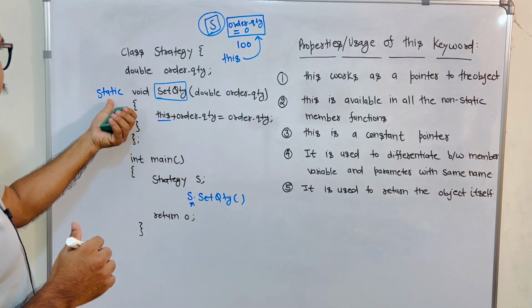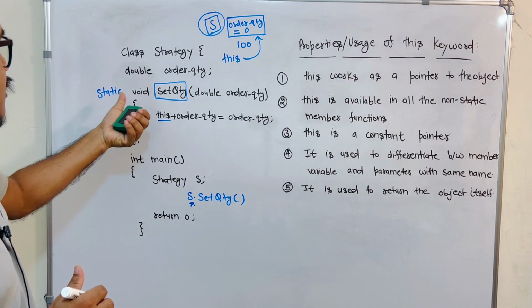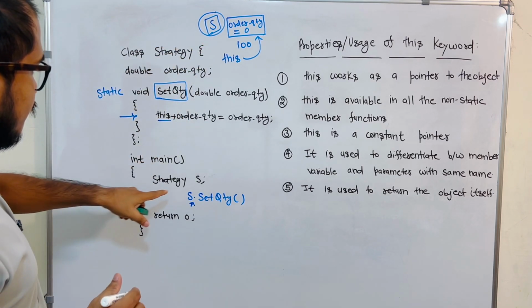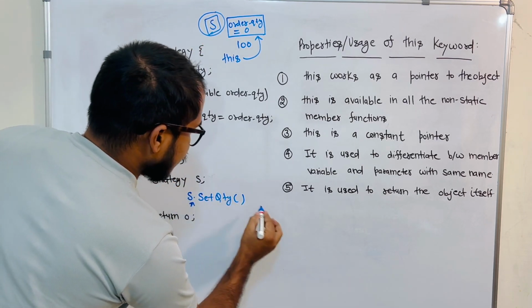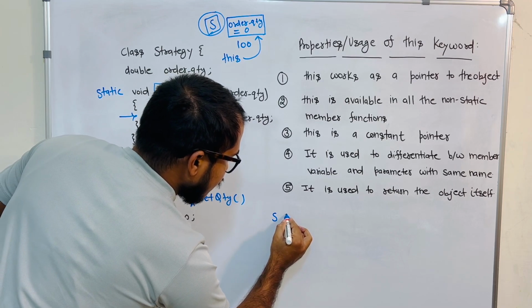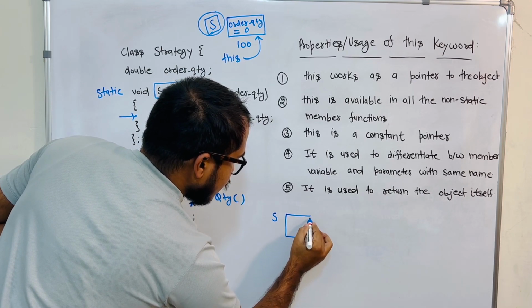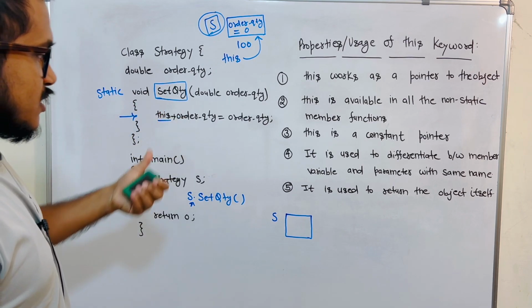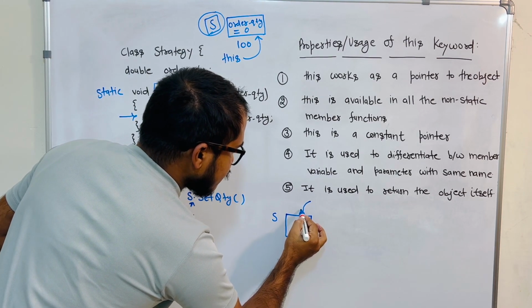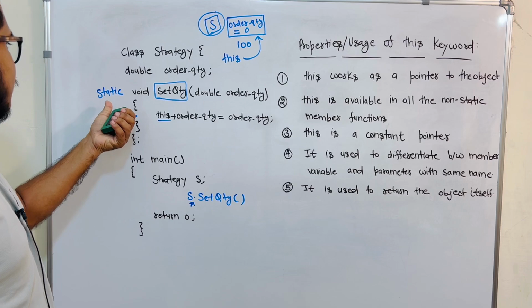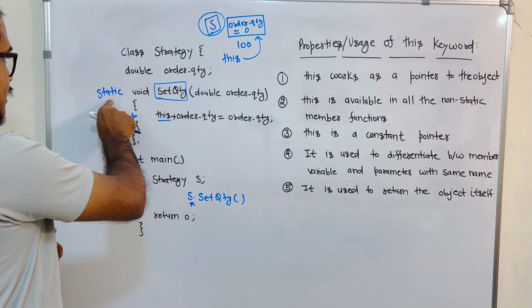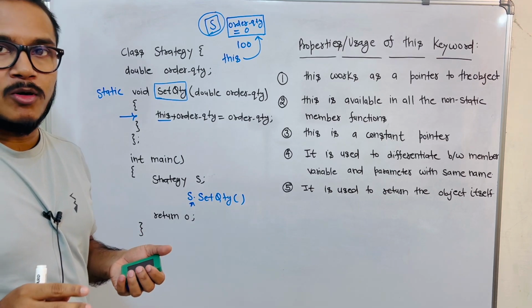Because static member functions are not associated with the instance of the class. So what is the meaning of that? Let's say I am creating the object of this class S. So this particular static member function will not be the part of this object S. So you will understand why we cannot access this inside a static member function when we talk about the static keyword in C++.